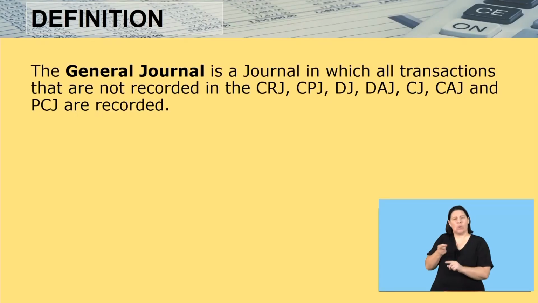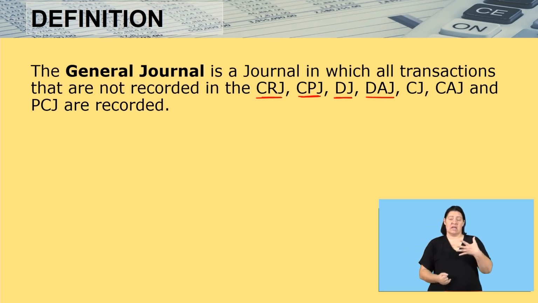I want now to define quickly what is the general journal. It is a journal in which all transactions that are not recorded in the CRJ, that is your cash receipts journal, the CPJ, cash payments journal, the DJ, debtors journal, DAJ, debtors allowances journal, CJ, your creditors journal, your CAJ, your creditors allowances journal, and the PCJ, which is the petty cash journal, are recorded.